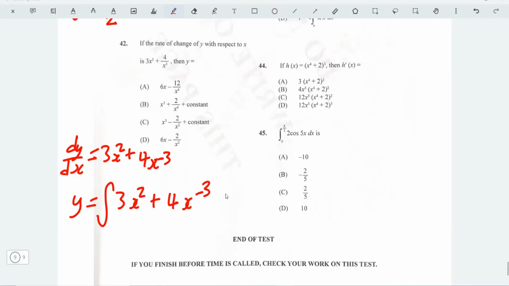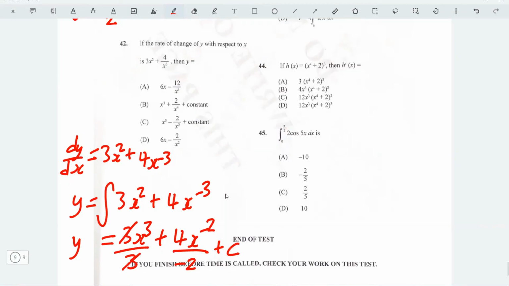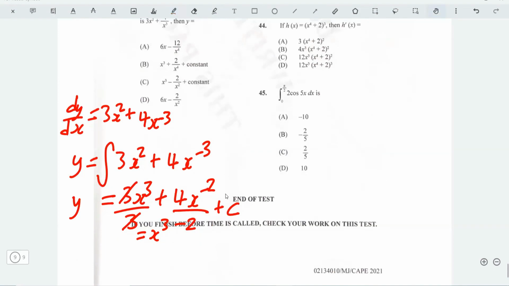When you integrate it, you get 3x cubed over 3 plus 4x to the minus 2 over minus 2 plus some constant. Now this 3 cancels this 3 here, so you get x cubed, and then 4 over negative 2, that's minus 2 over x squared plus some constant.